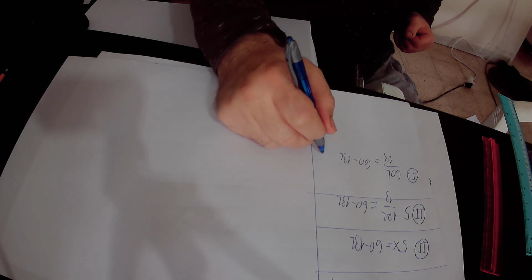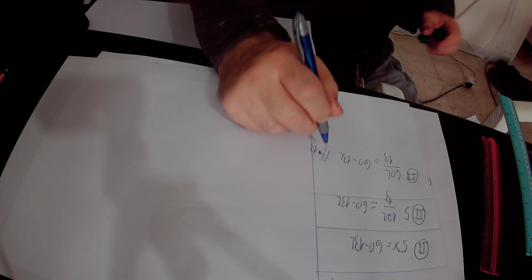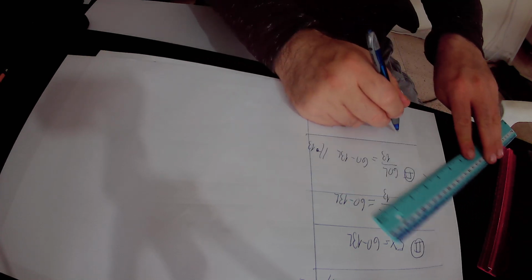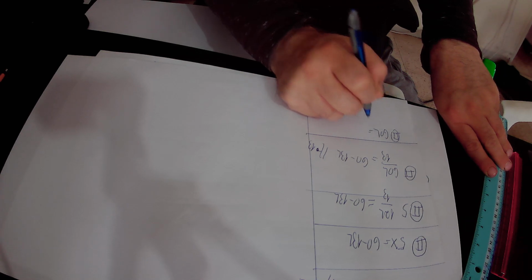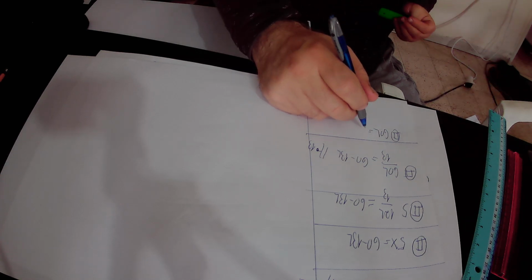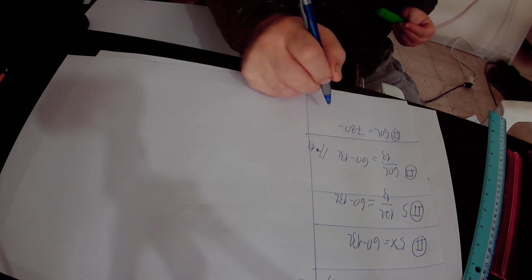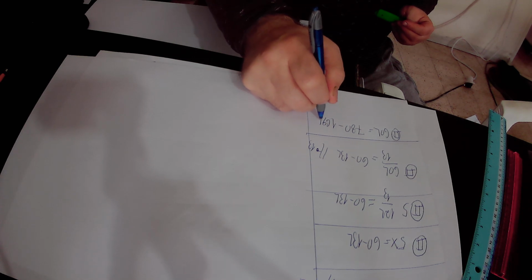Here we multiply equation 2 by 13, and finally we get 60L equals 13 times 60 is 780, minus 13L times 13 is minus 169L.